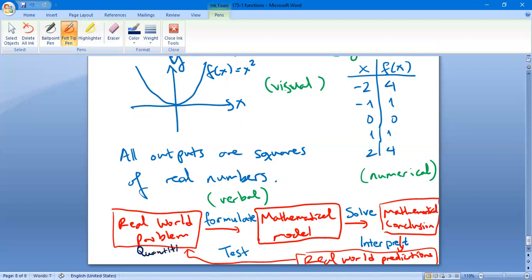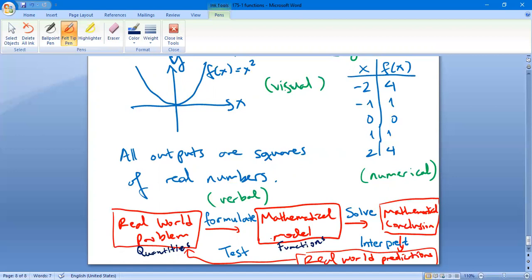We want to observe and work on their changes to understand situations. So in the mathematical models, quantities correspond to functions. So we formulate them into mathematical models, quantities become functions, and then we play with this mathematical model, solve the mathematical problem, playing with the functions, of course.